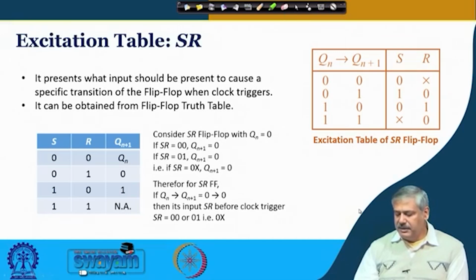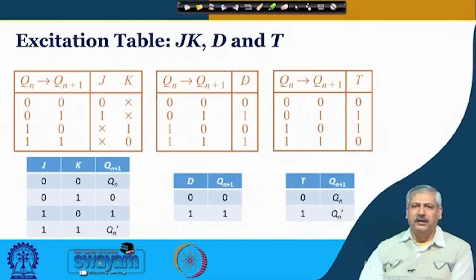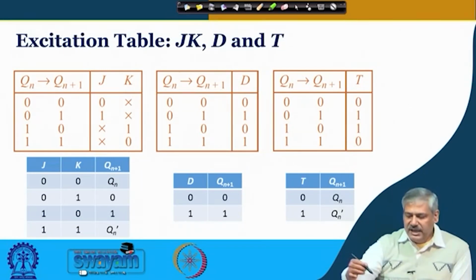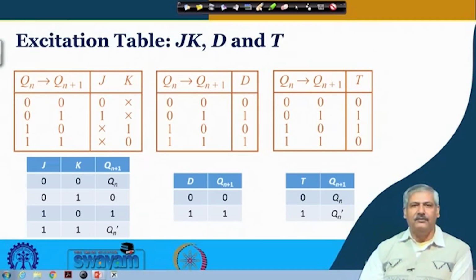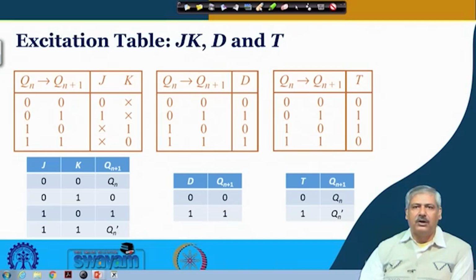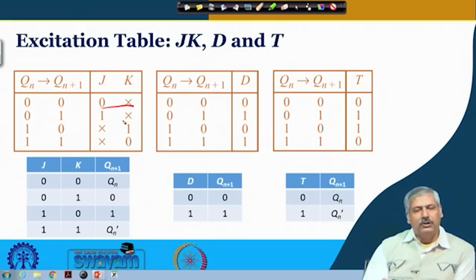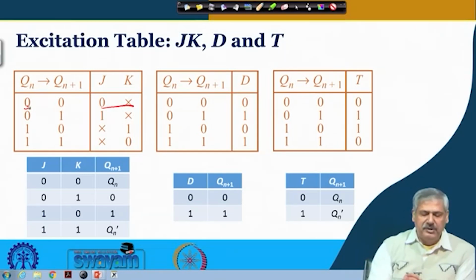So this is for the SR flip-flop. Now we can see how it would be for other flip-flops. So for the JK flip-flop, again all these 4 transitions are to be considered. So 0 to 0: if 0, 0 is present, the previous state will be retained, and if 0, 1 is there, that also will make the next state 0 for previous state being 0.